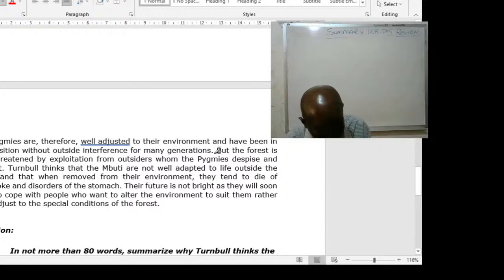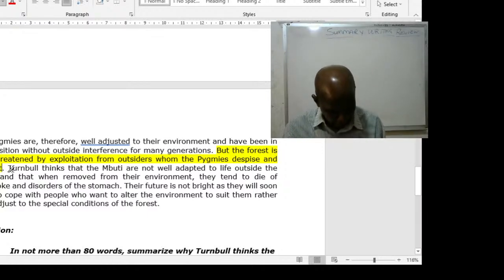The forest is now threatened by exploitation from outsiders, whom the pygmies despise and distrust. That is one point. Then a supporting point is that the Mbuti are not well adapted to life outside the forest, meaning that if there's no forest, they will not be able to survive.